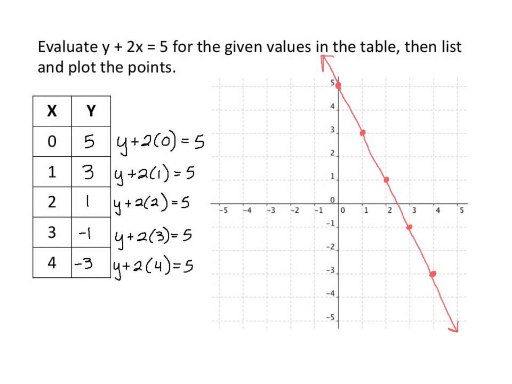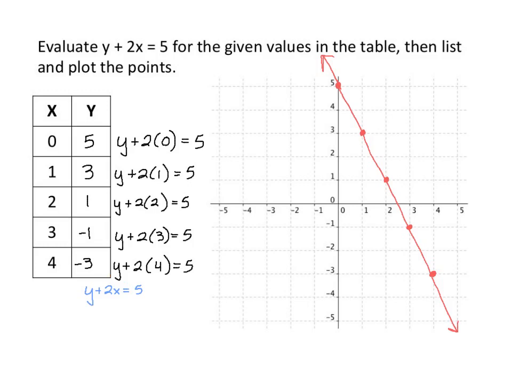So again, we got a line, that's great, but I want to explore why that shape happened. If I look at the equation, y plus 2x equals 5, I again notice that this is not in that mx plus b form. I see that the y and the 2x are on the same side, not in that y equals mx plus b form.